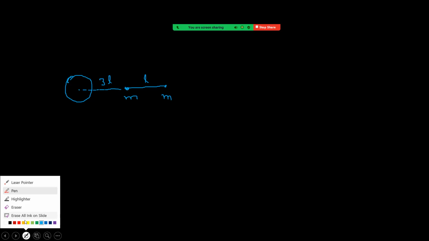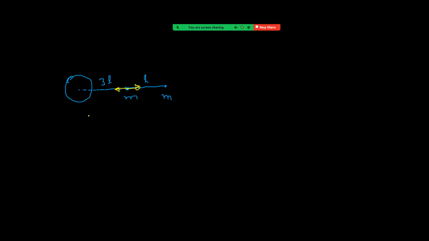So taking the bigger sphere and taking these two point masses here, m and m. This distance is equal to 3L. So force by this on this is to the left side, and by this it is to the right side.